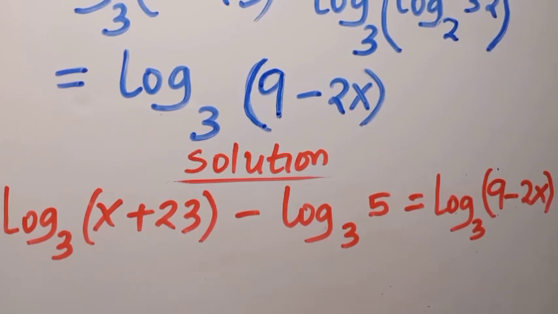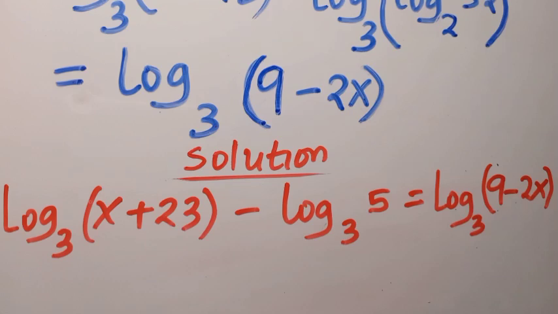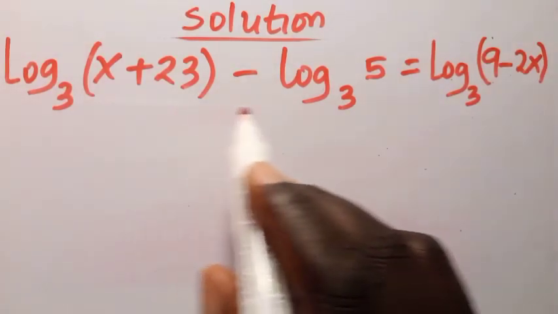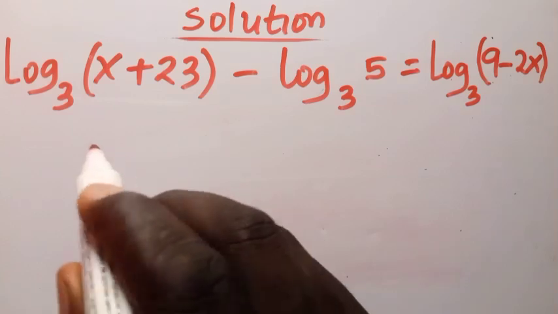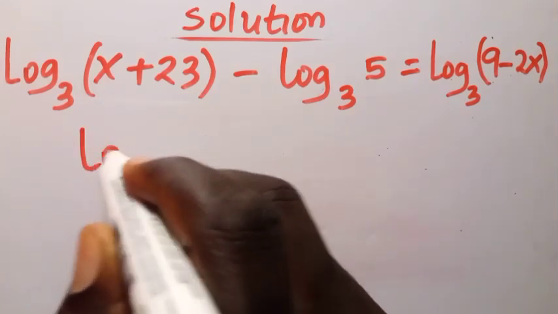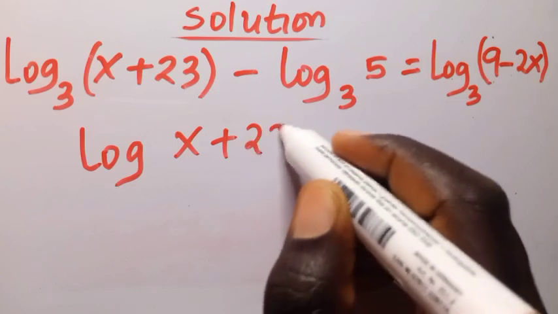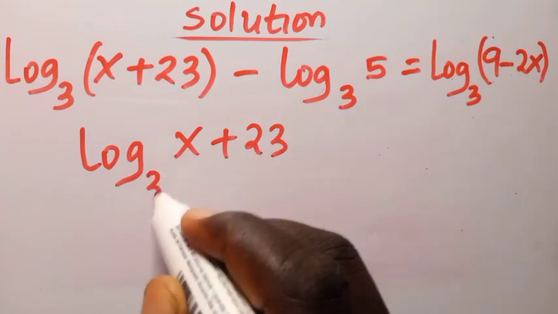Now, let us proceed to solve for the value of x, because all of them are now logarithms to base 3. On our left-hand side, we can combine this into a logarithm of a single number, and therefore we shall have the logarithm of x plus 23 to base 3.